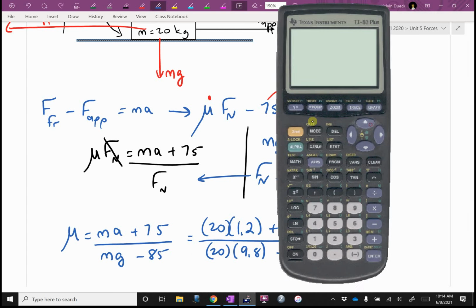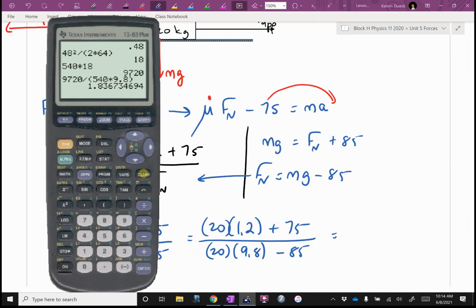So I would type it, if I didn't have the fraction button, bracket 20 times 1.2 plus 75, close off the top, divided by bracket 20 times 9.8 minus 85, close off the bottom. Although that was a pretty challenging question, I'm hoping there wasn't much new there. And I get a mu of 0.892.